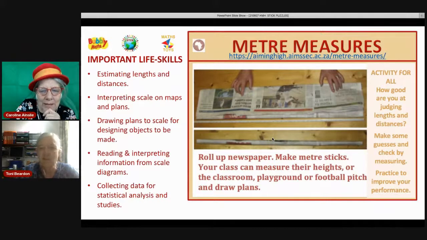So Caroline does this wonderful show, and sometimes she's got hundreds of people in the auditorium. And she asks the children how many meters across, how many meters from back to front in this room, in this auditorium. And everybody has to estimate.